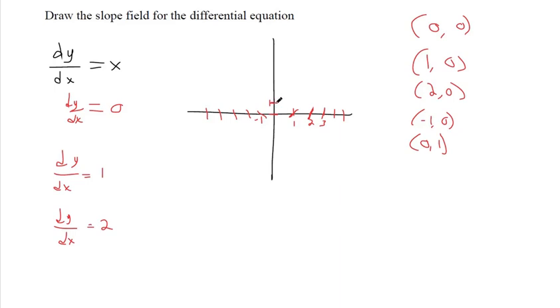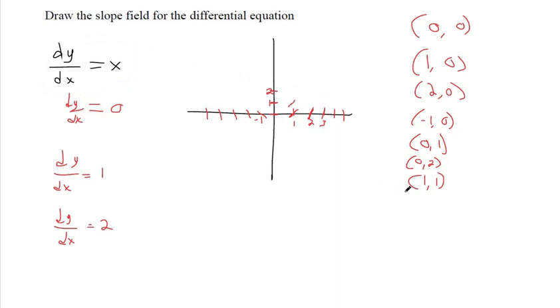At 0, comma 1, we had a slope of 0. And at 0, comma 2, we also have a slope of 0, because you're plugging in 0 for x, right? Let's try another point. Let's go right here at 1, comma 1. If I plug in 1 for x, 1 for y, I get a slope of 1. The slope is 1, so it's actually going to be the same slope as what's below.